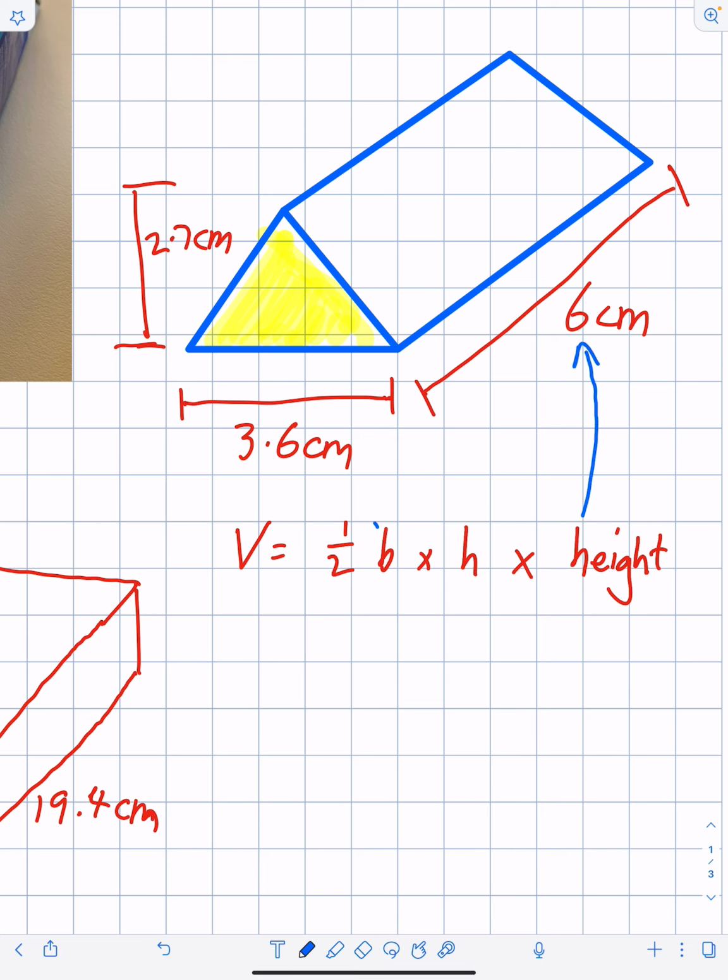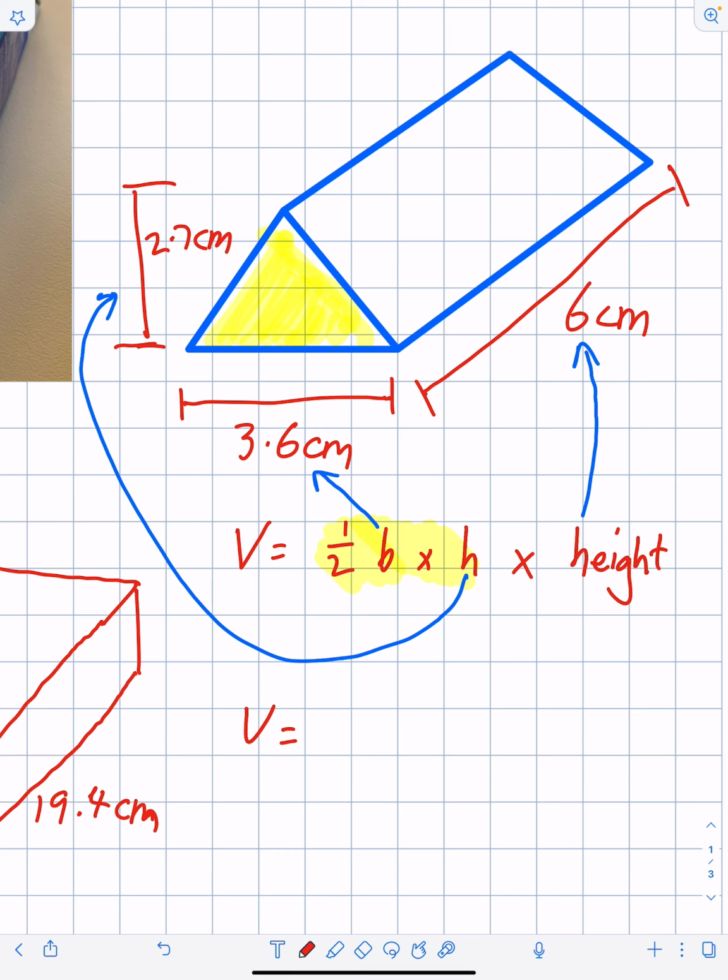The base will be 3.6. And that height there is the height of the triangle. So that's actually the half base times height. That's for the area of the triangle. So let's use our calculator to calculate that.